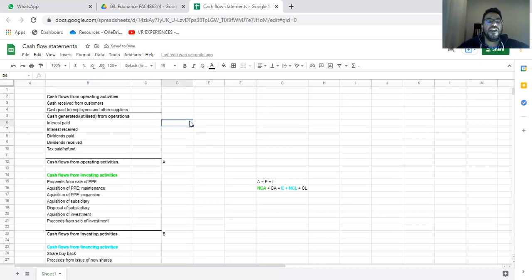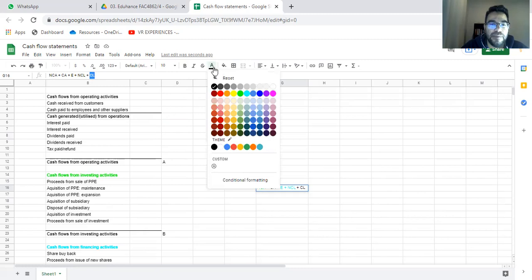Once again, the operating activities are basically going to be any working capital, any operating assets, any operating liabilities. Typically, current assets and current liabilities all relate to operating assets and operating liabilities.